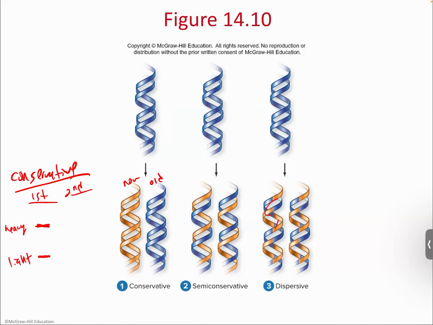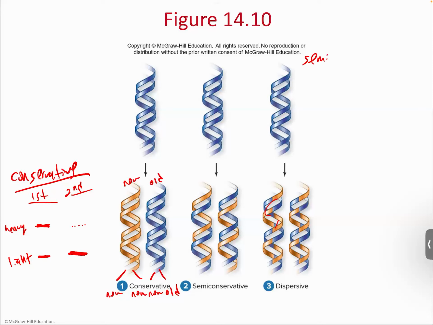But now, what's going to happen if you go through a second round of replication? Well, this is going to be new, and this is going to be new, and then you're going to maintain the old, right? So here you would expect the light band to get darker, and the heavy band is slowly going to start to disappear. That's what you would predict if it were conservative.